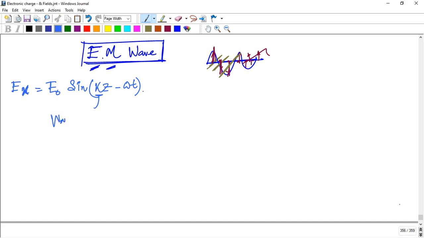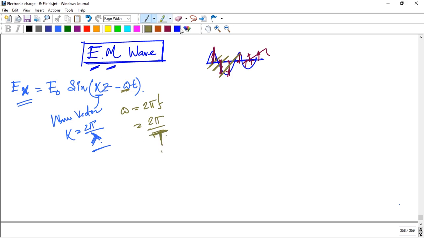Here k represents the wave vector, k equals 2 pi by lambda, where lambda is the wavelength. Omega is the angular frequency, equal to 2 pi f, which is also 2 pi by T, where T is the time period.